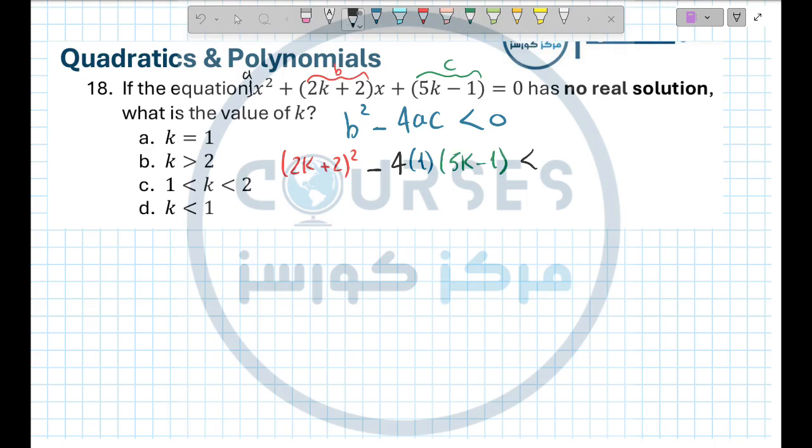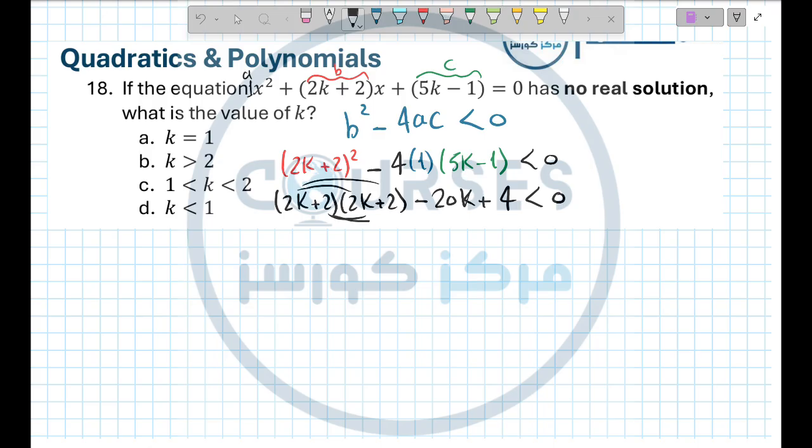This is supposed to be less than 0. Bracket power 2, and the bracket is repeated twice, so 2k plus 2 times 2k plus 2. Negative 4 times 1 is negative 4. Negative 4 times 5k is negative 20k. Negative 4 times negative 1 is positive 4, less than 0.